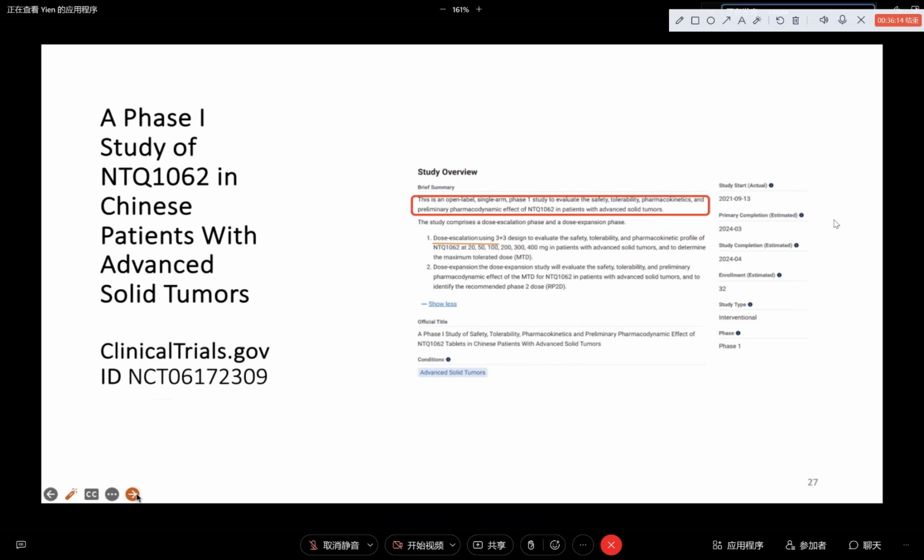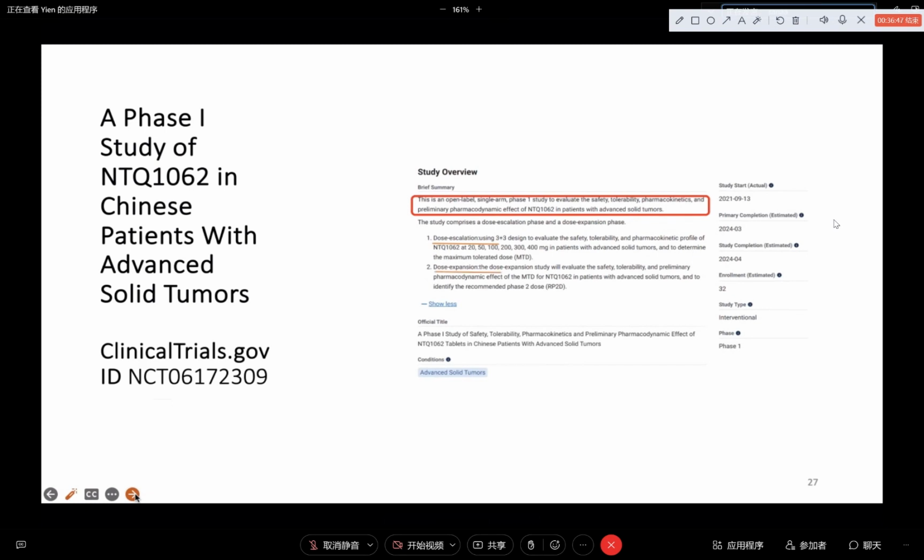Open label means the patients know what drug they will get. Secondly, single arm means there is only one group of patients that undergoes the study. In phase 1, they conducted this study for dose escalation to find out the maximum tolerated dose of that drug in the patients. The second purpose of this phase 1 is dose expansion.